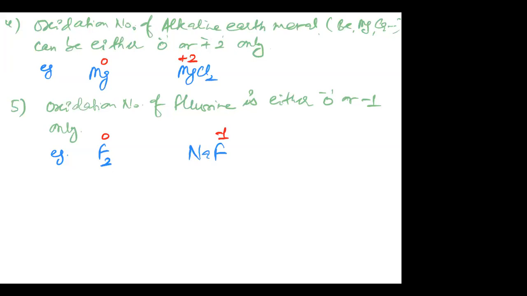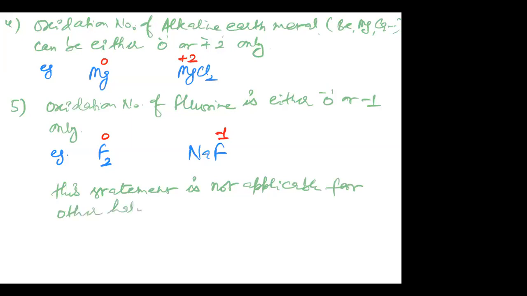Just remember this statement: it is not applicable for other halogens. Halogens means elements of group 17, including fluorine, chlorine, bromine, iodine.